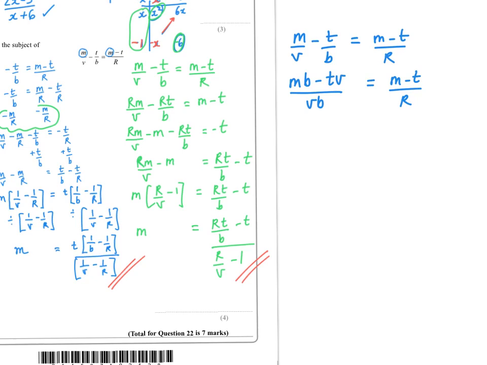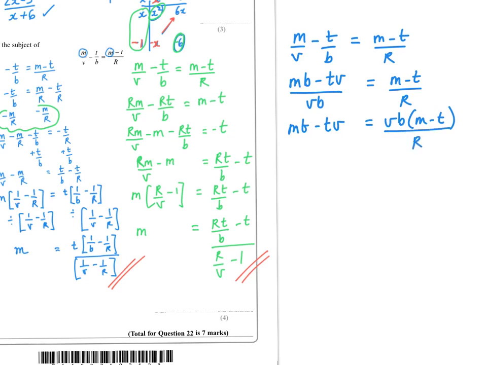And then what we can do is we can cross multiply. What you're really doing is timesing both sides by VBR. So if you times both sides by VB, for example, you'd end up with MB minus TV equals VB lots of M minus T all over R.